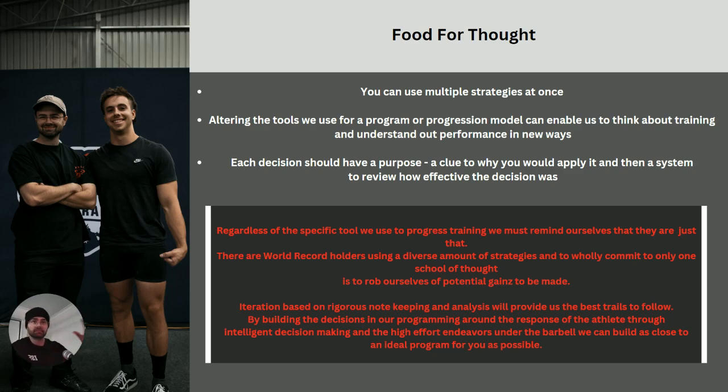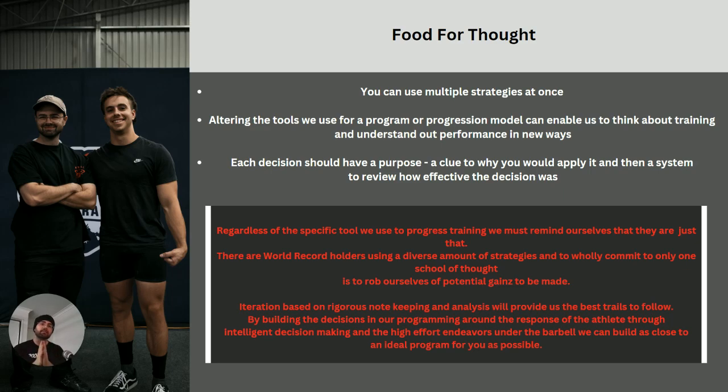So iteration is new versions of our programming based on taking notes, seeing what's happening in the programs, where the weights are going up, how you were feeling as you did those different weight jumps, and then looking at it and thinking about it and figuring out what works, what doesn't, and then analyzing it.